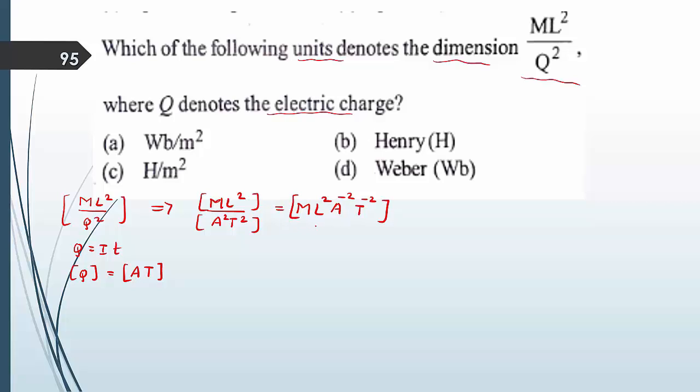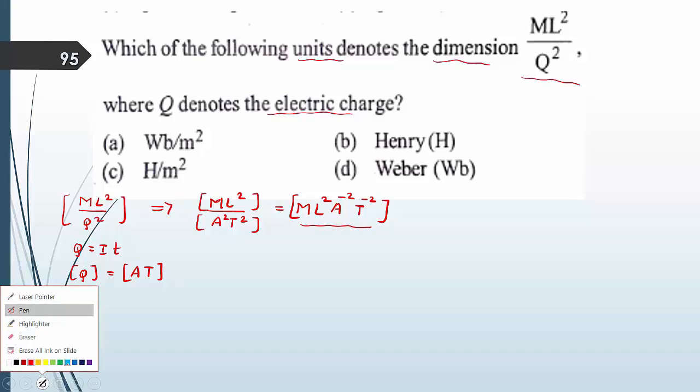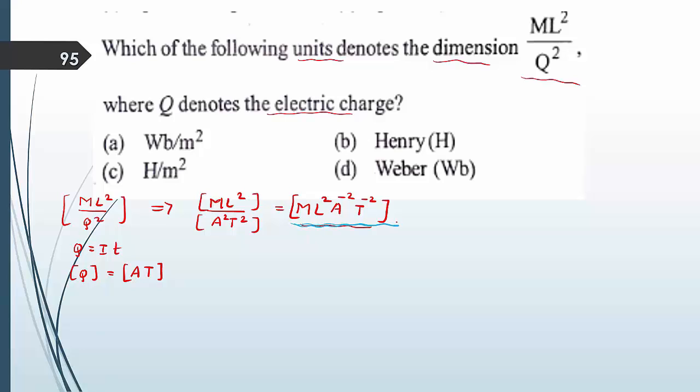So this is the dimension of the given equation. Here the question is, which of the following units denotes the dimensions? Which unit is suitable for this dimension? That we have to check here. Right? So first one by one we can observe the options. Remember this equation.